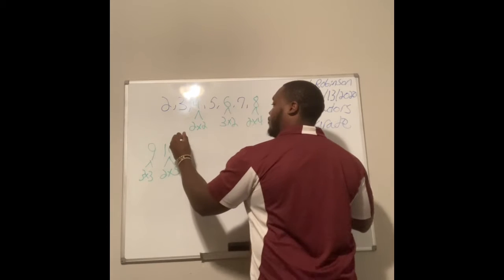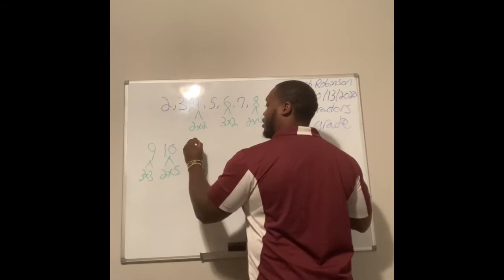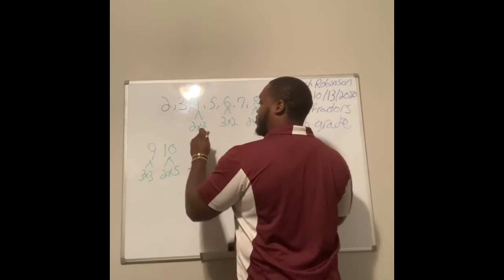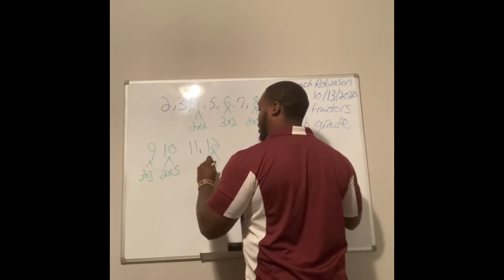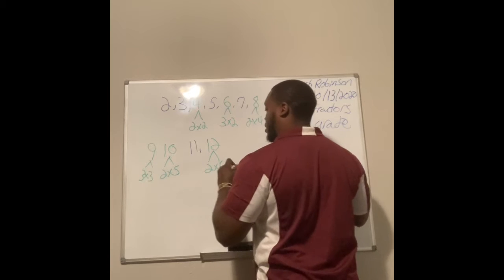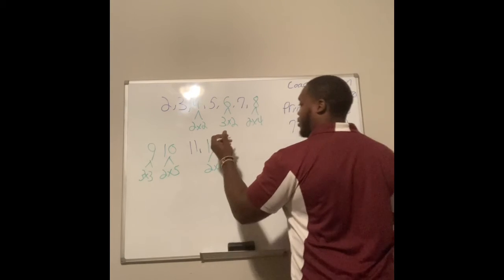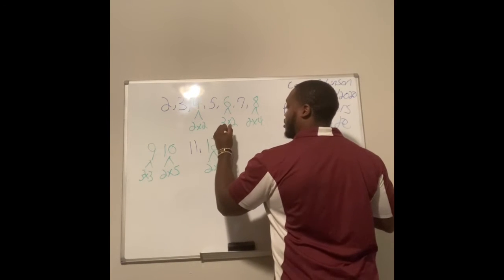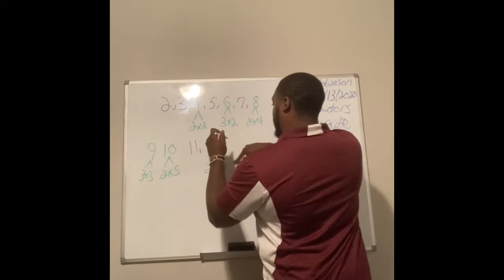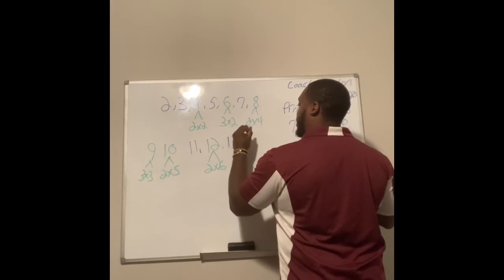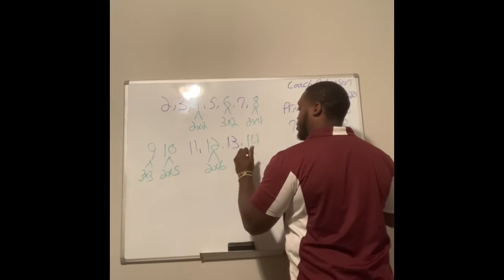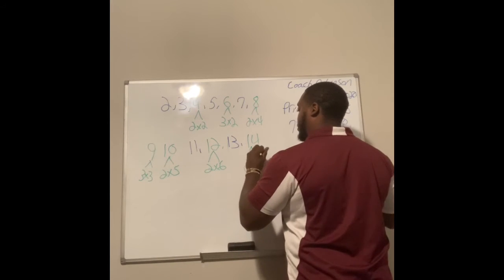The number 11 is a prime number. The number 12 is a composite number, with the factors being 2 times 6. And the number 13 is a prime number. The number 14 is a composite number, with the factors being 2 times 7.